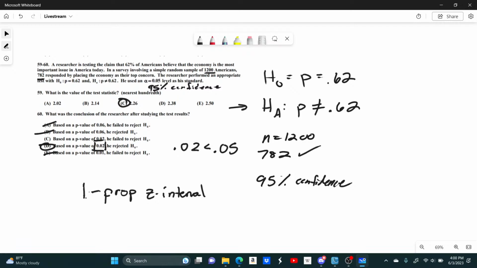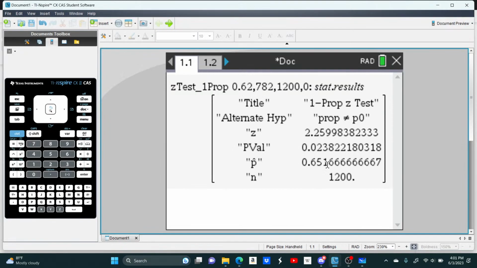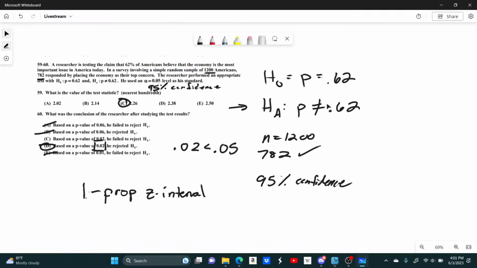So if you only have a 2% chance of getting that, then we can reject the null hypothesis and say, hey, this is unlikely enough that we're pretty sure that it's actually a different number. You're not saying that it's this number. You're not saying that it's like 0.652. You're just saying based on this 0.62, we can say that it's very unlikely. It's only a 2% chance that you would get this value. Okay. Hopefully all that made sense.